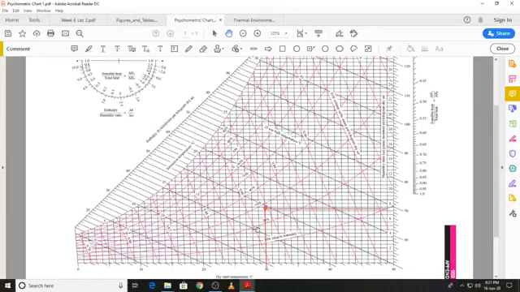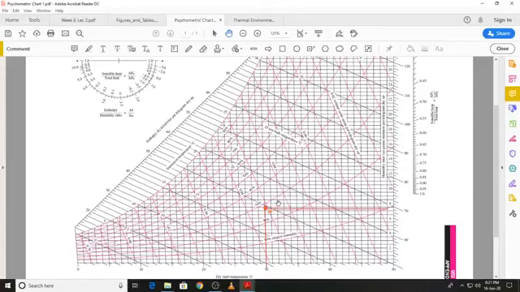You can see the 20% relative humidity line over here. This is the 30% relative humidity line. And if I just through observation try to estimate the value over here, if we are somewhere in the center, this would be close to 25. So this is around 28% from observation.